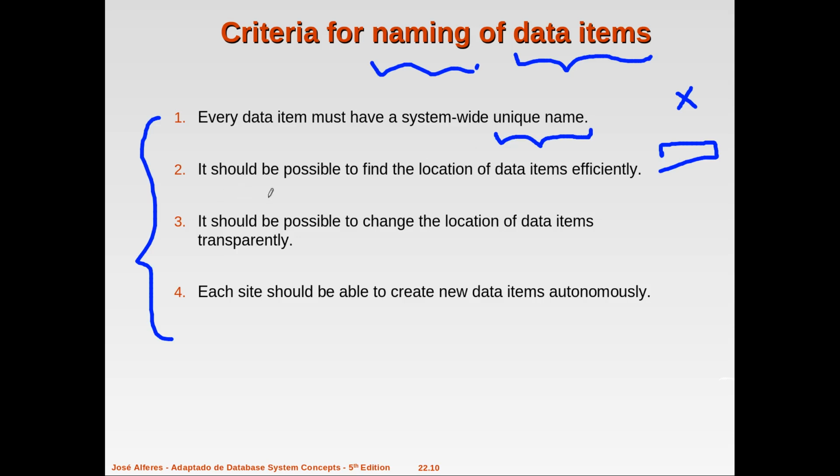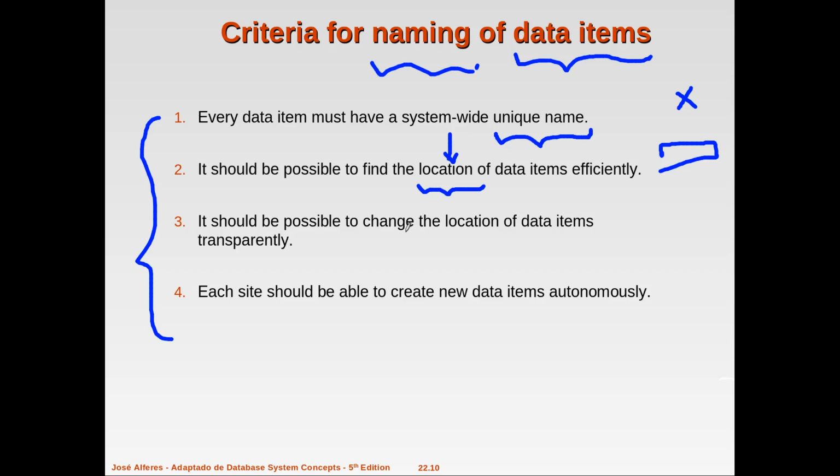Second thing is, it should be possible to find the location of data items efficiently. So we should easily find out the data item by finding its location. So the naming must be given so that we can easily find out the location of that data item.